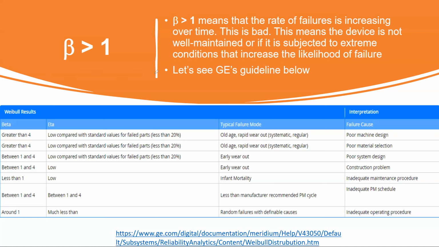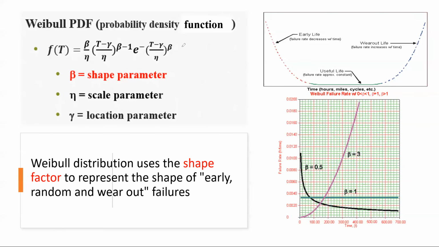So this gives you a hint. If you look at the Weibull, once you get the Weibull done, what I mean is that you have found your data, you collect your reliability data, and you plot your Weibull distribution functions using your data to get the beta value and eta value.